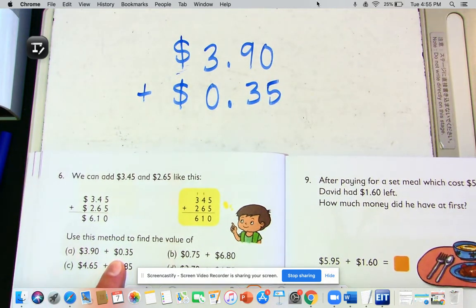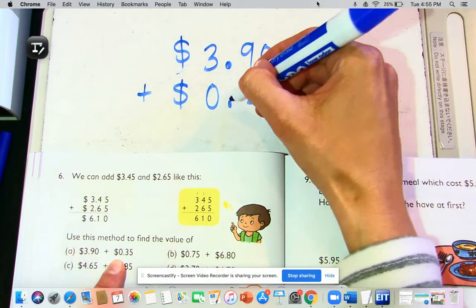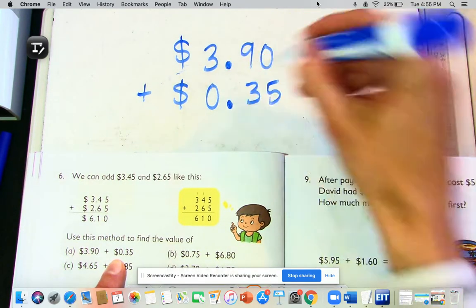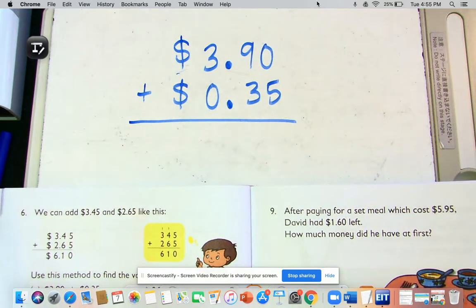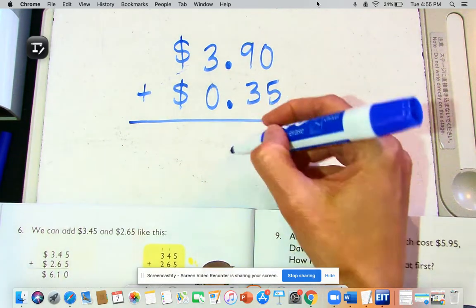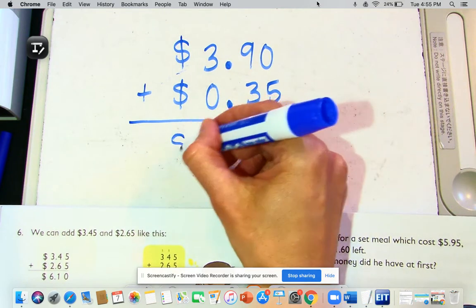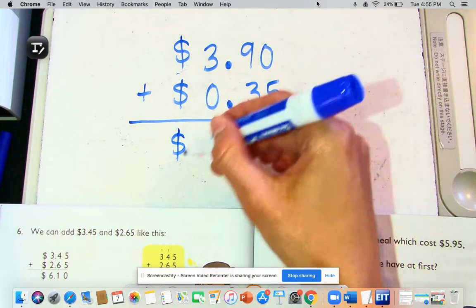And now I like to keep my decimal points here so that I can line them up. And then I like to keep my dollar signs also here so I can line them up. And then I put the answer right down here below. And then I can go ahead and solve my problem.